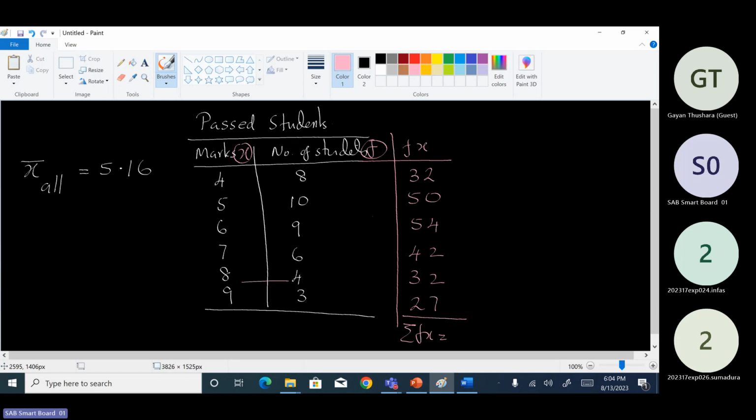So here 11, 15, 17, 1, 3, 6, 10, 20, 23. Now similarly, we can get this sigma f: 7, 13, 22, 32, 40.